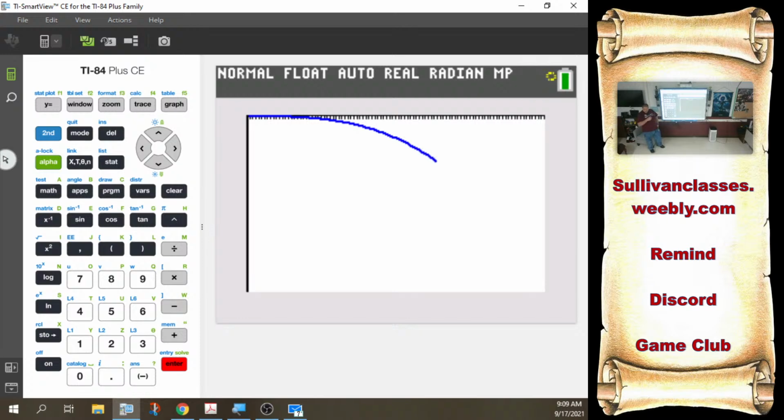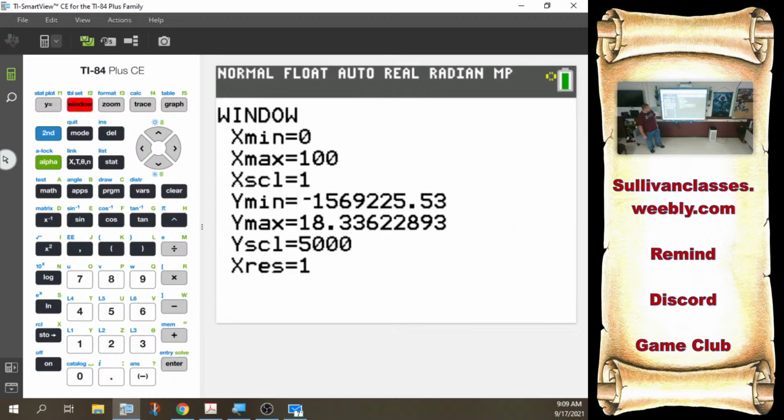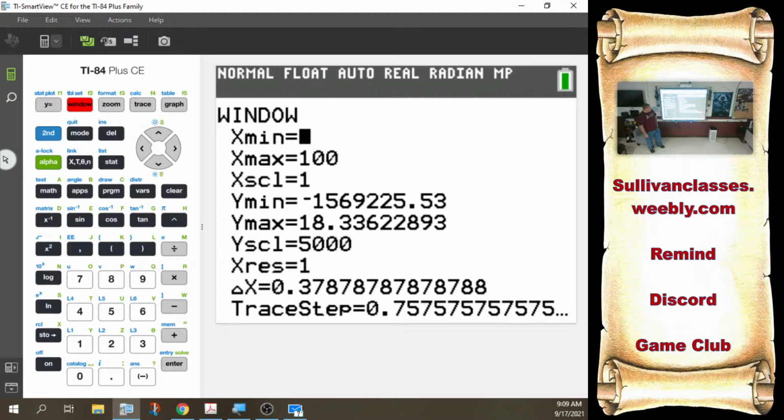I hit zoom fit. So it's changed the window to hopefully find all these features. Now, see where it zoomed. I'm pretty sure we don't need to go down to a volume of negative 100 or 1.5 million. So I said sometimes it works, sometimes it doesn't. But I did find that my maximum did occur before 100 on the x-axis.